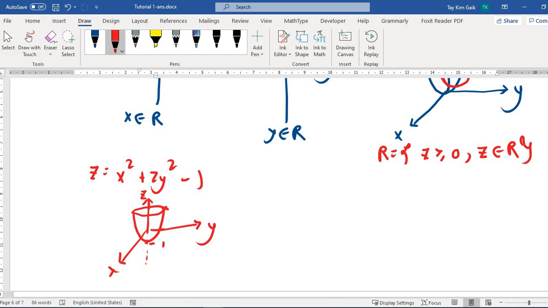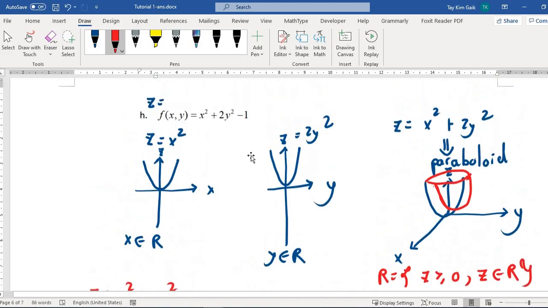The paraboloid opens upward. The minimum point is z equal to negative 1. That's why z is greater than or equal to negative 1, where z is a member of the real numbers.